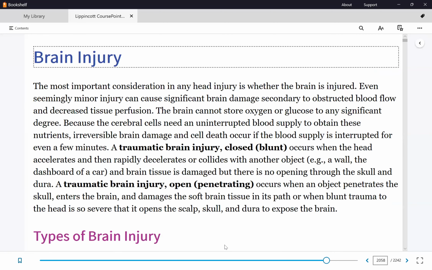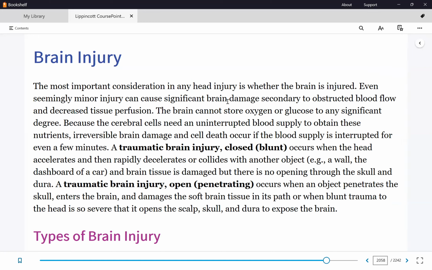So for our practical experience, well, I shouldn't say the only, but the best New York City hospital for brain injuries is Bellevue Hospital. So they're renowned worldwide for managing and rehabbing.